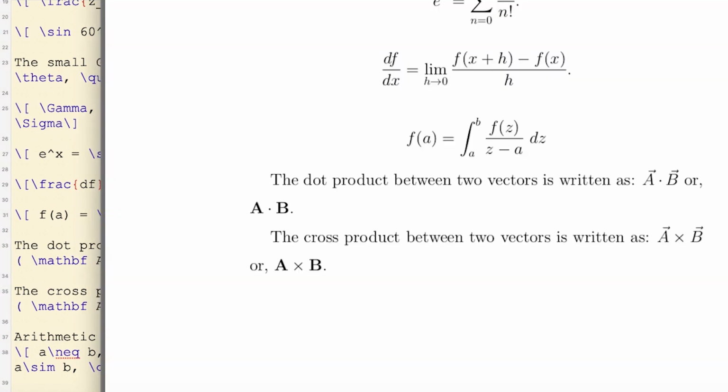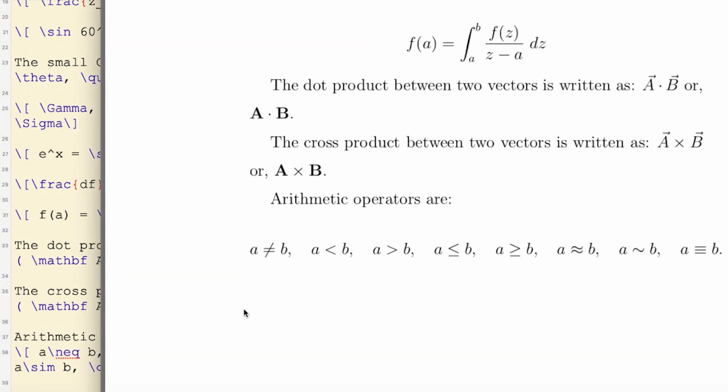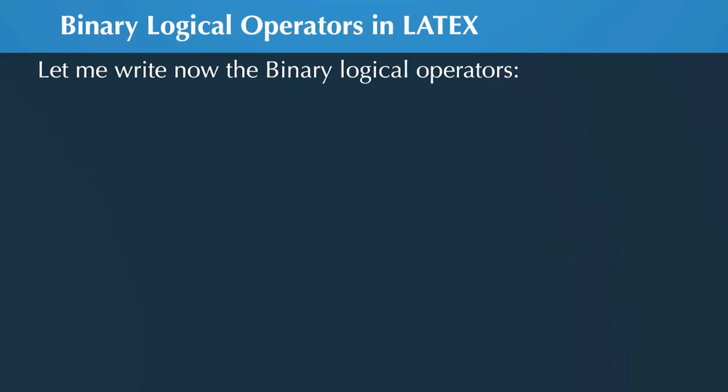So this creates the entire output: a not equal to b, a less than b, a greater than b, a less equal b, a greater equal b, a is approximately equal to b, a is similar to b, and a is equivalent to b.